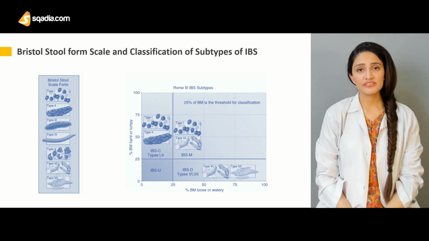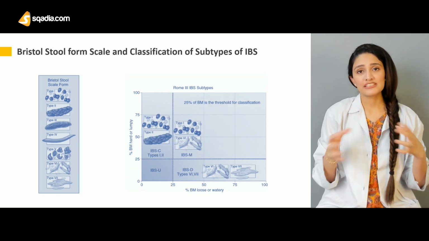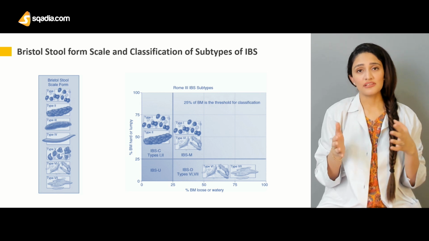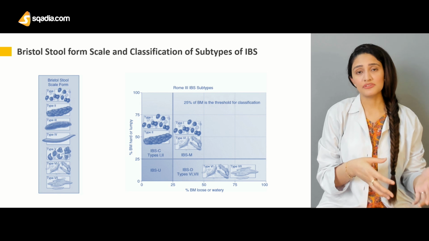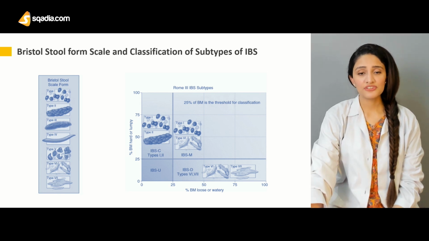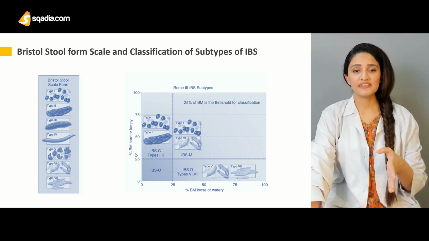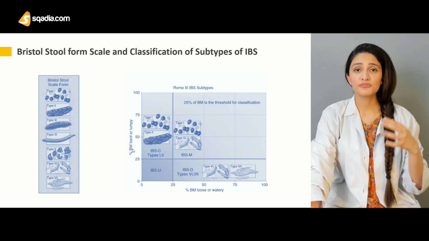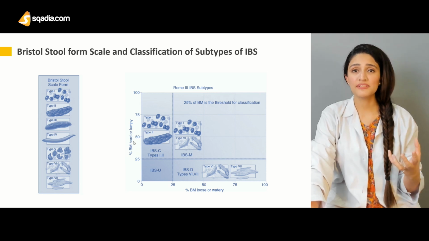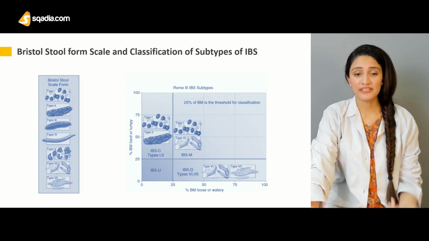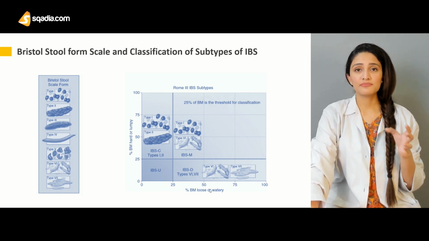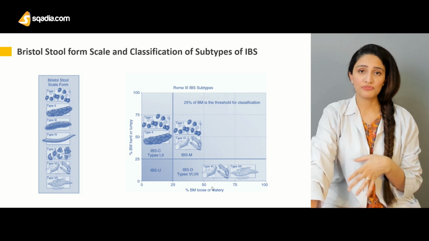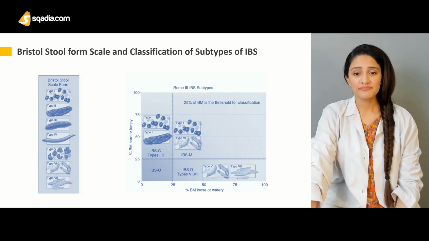So now if we come to this graph, it explains what these types are and what kind of subtypes they come under. On one side, we have the bowel motility which is hard or lumpy, which in other words could be constipation. And on the other side, we have bowel movements that are loose or watery, which could be diarrhea.